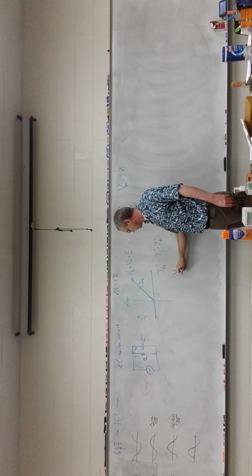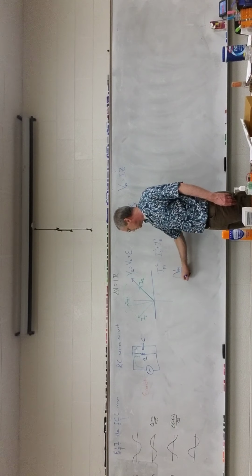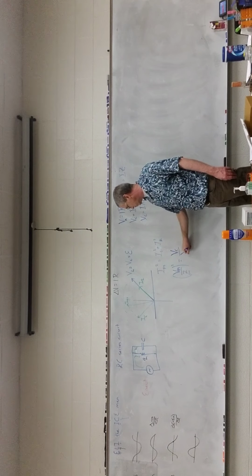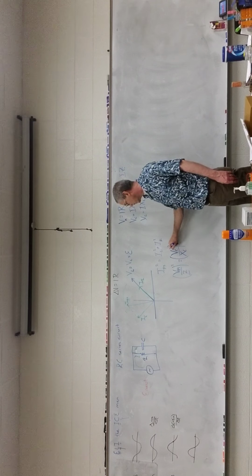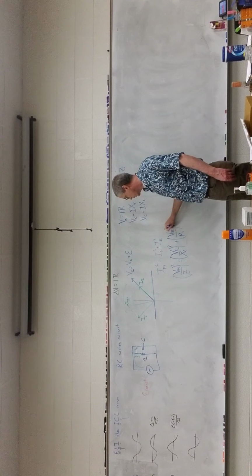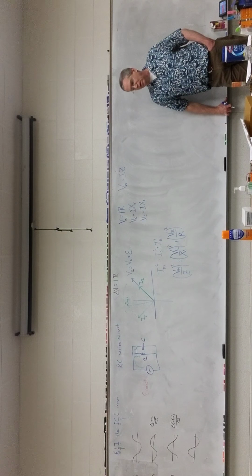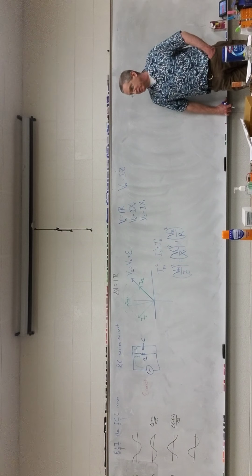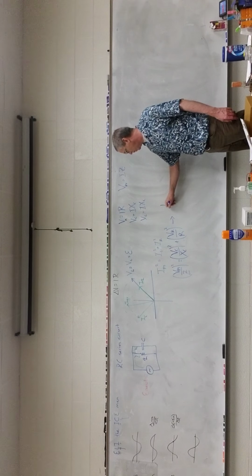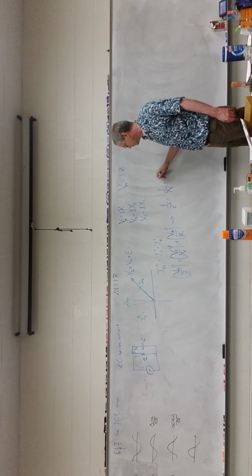So this will be the voltage from the power supply over the impedance, squared, is equal to the voltage across the capacitor over the capacitive reactance, squared, plus the voltage across the resistor divided by the resistance, squared. All my voltages are the same because they are in parallel. And so dividing that out, I get 1 over Z squared is 1 over X sub C squared plus 1 over R squared.